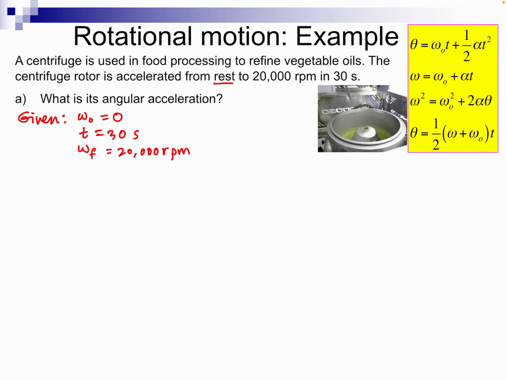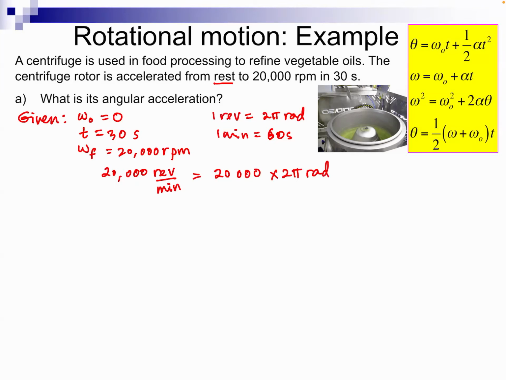Right, before you do anything, convert your units to SI or standard units. So that means RPM should be converted to radians per second. You know, 1 revolution is equal to 2 pi radians, and 1 minute equals 60 seconds. All right, so 20,000 revolutions per minute will be equal to 20,000 times 2 pi radians divided by 60 seconds.